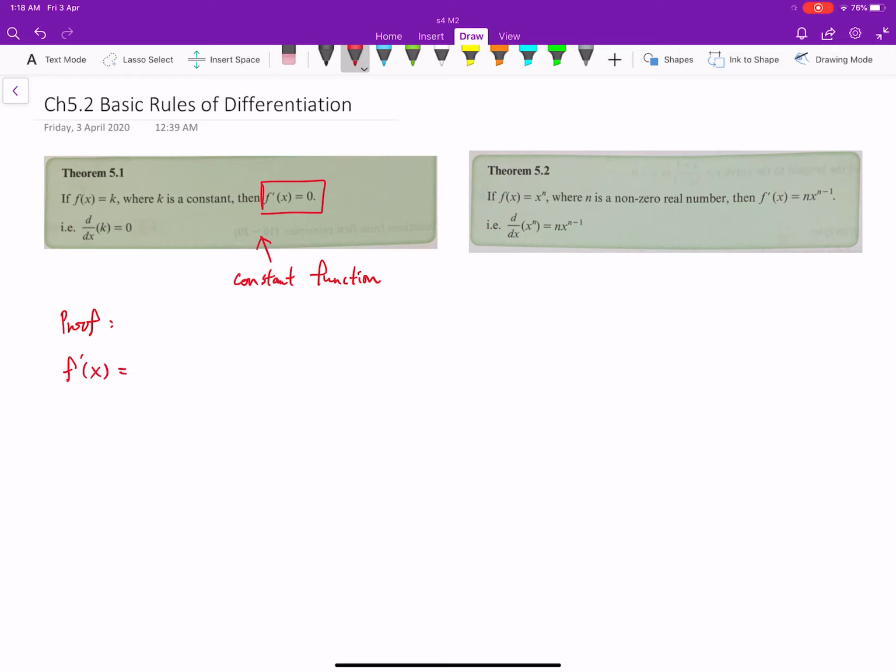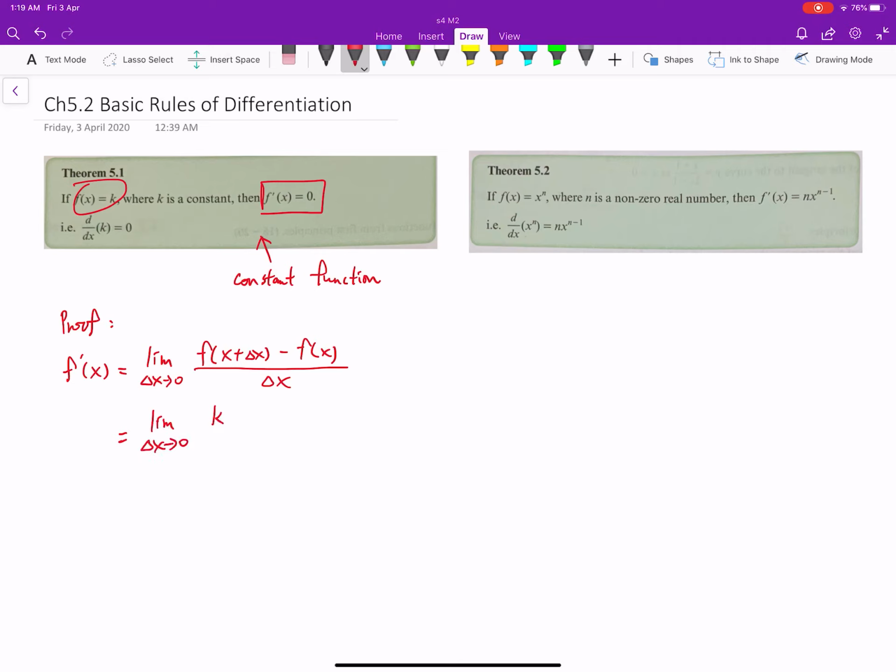From section 5.1, you have already learned that f prime x is equal to this limit, right? Now as f(x) equals k, no matter what x is, it will be k.